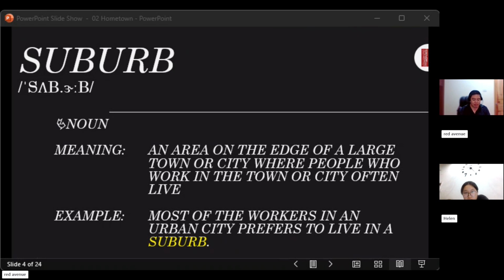You have your urban, this means your city. So when we say suburb, this is actually the middle of countryside and city. That is the one that you have there. Clear? Yes, it's in the middle.